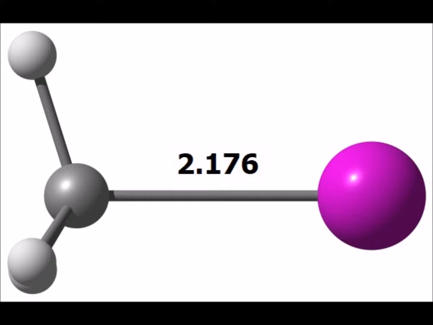Not only do the bond lengths get longer as we go from fluorine all the way down to iodine, but the bond strengths decrease. So the carbon-fluorine bond is the strongest, the most difficult to break, while the carbon-iodine is the easiest to break. This also parallels that fluorine is a relatively strong base, whereas the basicity of chlorine, bromine, and iodine decreases.